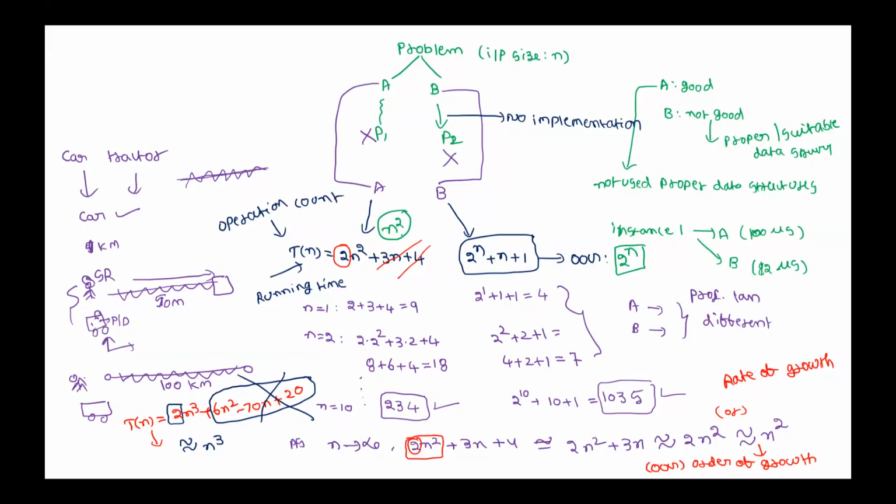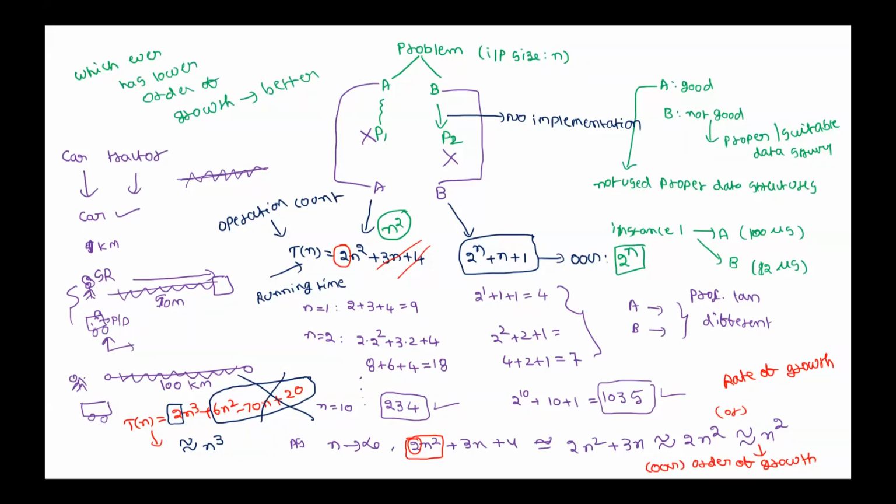Hence we say that algorithm A is more efficient than algorithm B, or algorithm B takes more time than algorithm A. So whichever algorithm has the lower order of growth is better, or more efficient.